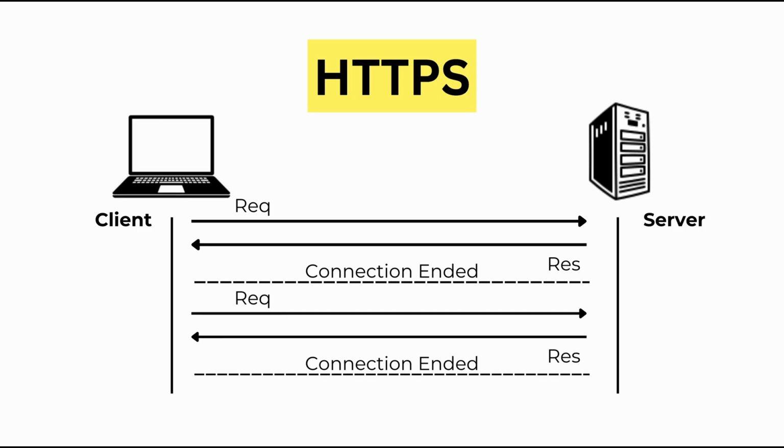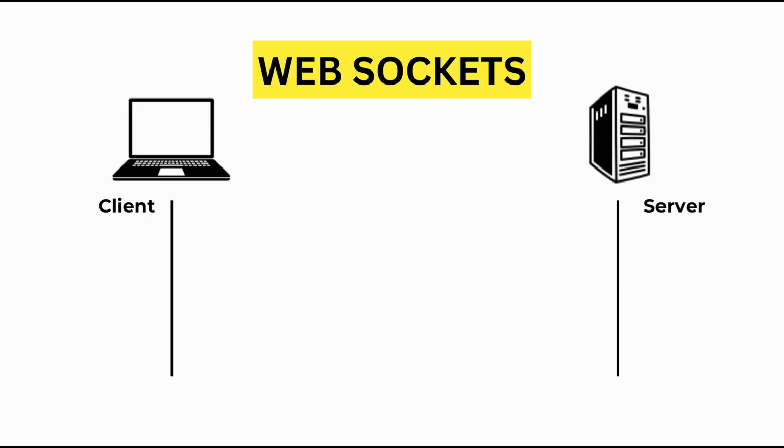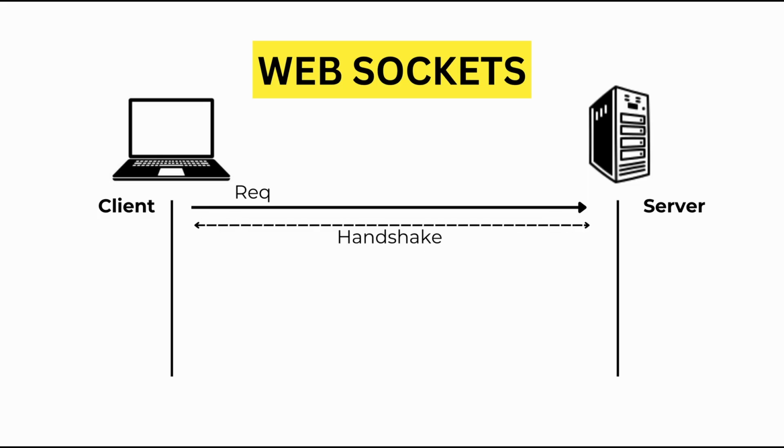And we have one more option, which is using WebSockets. Let's discuss how WebSockets are different from HTTPS. Taking the same example of client and server, whenever a request is sent to your server, a handshake happens between your client and server.